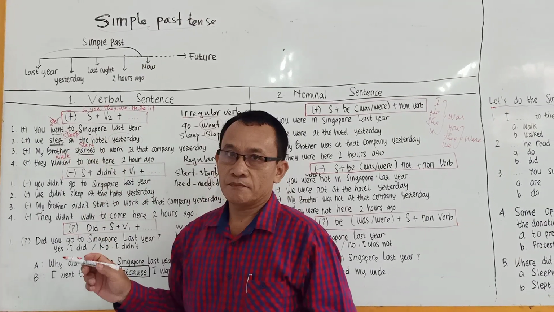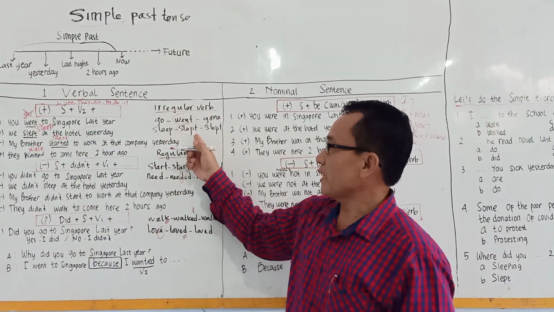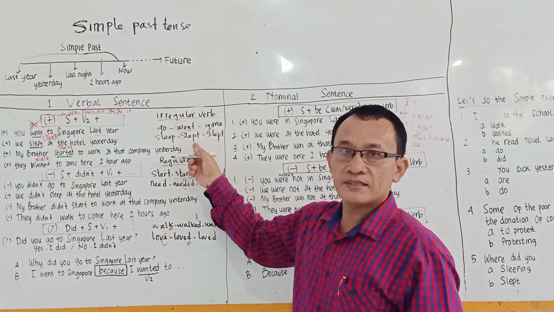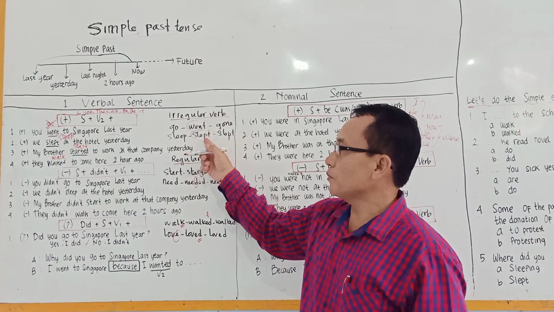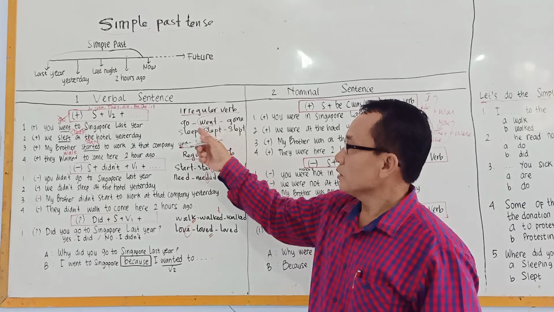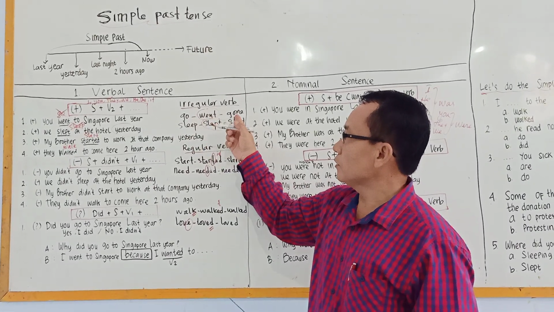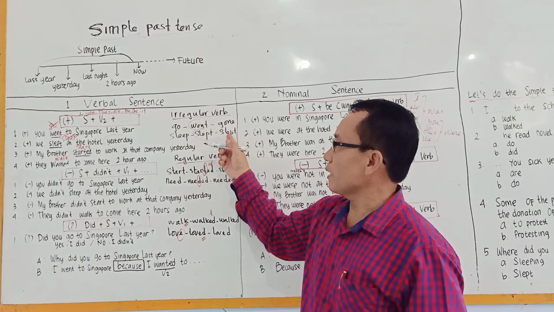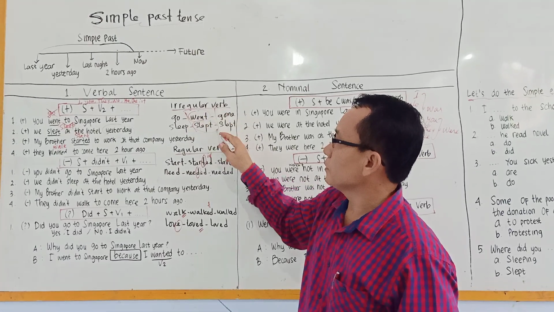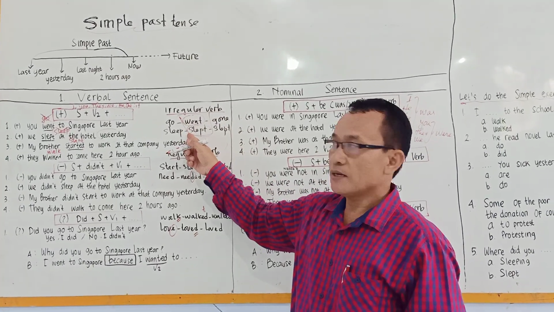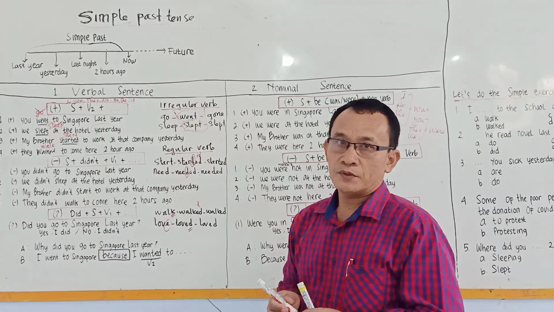Sleep, slept. So you can use verb 2. Go, went, gone. Sleep, slept, slept. We can use verb 2. So these ones are irregular verbs.